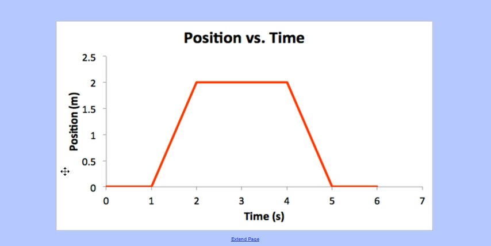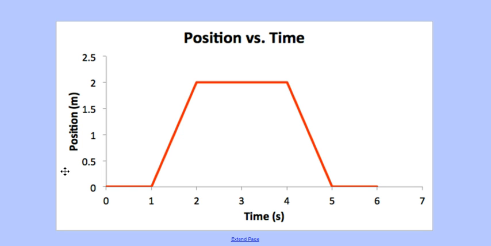Between 2 and 4 seconds, our object once again stays at the same position, but this time that position is 2 meters. And then between 4 and 5 seconds, it moves back toward the origin. And finally, 5 to 6 seconds, our object is staying stationary once again. Its position doesn't change from the origin.